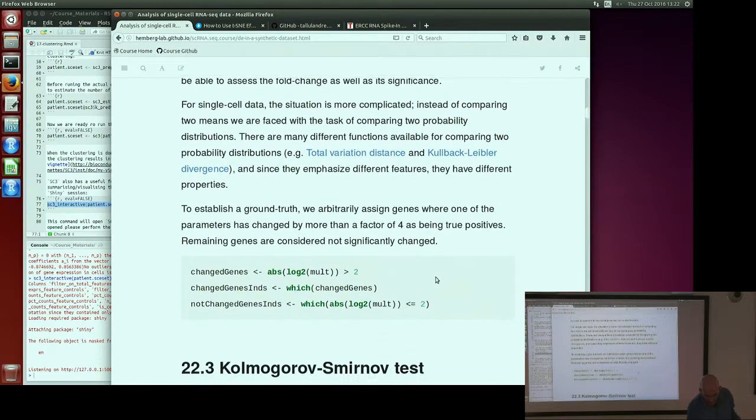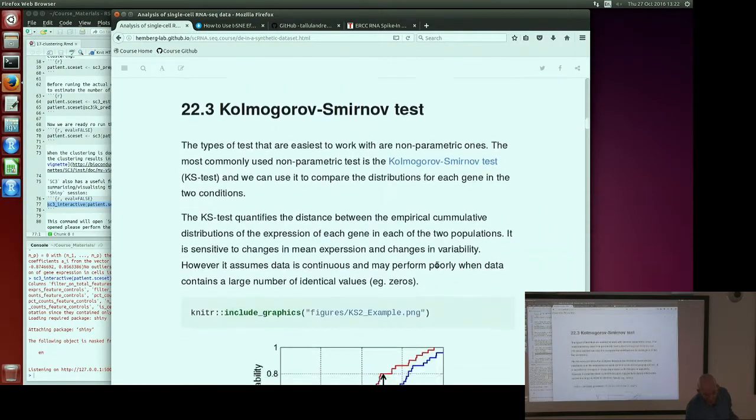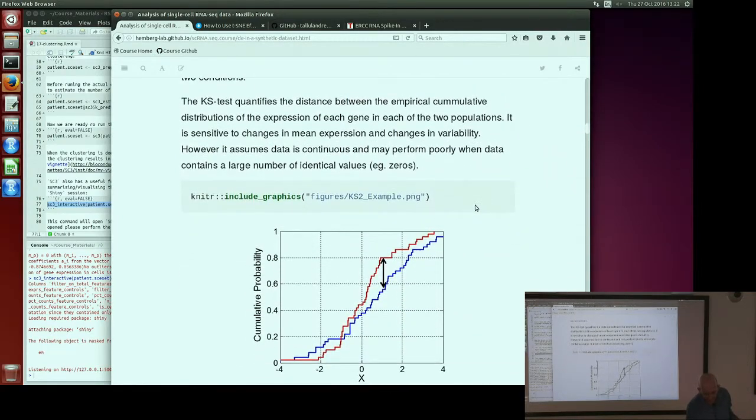So we can run that here. And now we can try out different tests to compare these different data sets, because once we've decided what constitutes a large enough change in the ground truth data, we can actually evaluate each method and decide whether or not any given call is a true positive, a false positive, a true negative, or a false negative.